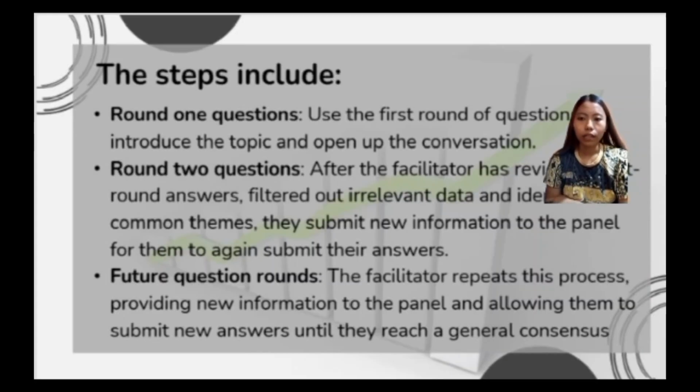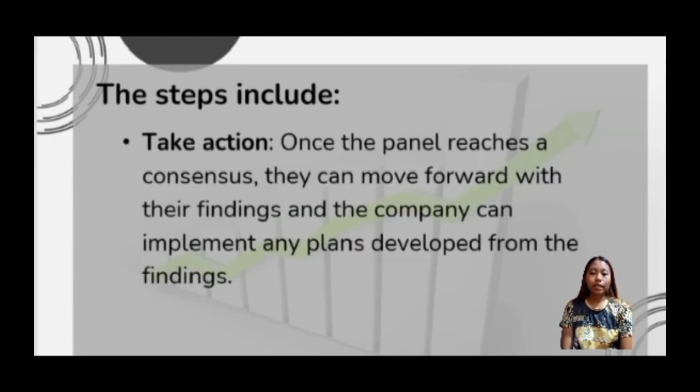Next is future question rounds. The facilitator repeats the process. It is the same process, providing new information to the panel so they can submit answers until they reach a general consensus. And the last one, take action.